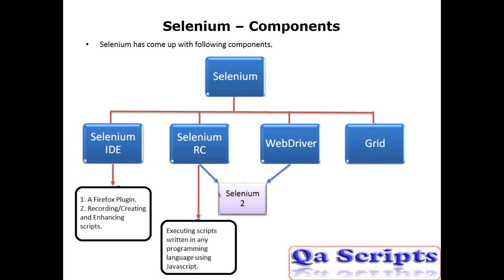We can use our own languages such as Java or Ruby or Python for automation scripting, and it allows us to do modifications in scripting, like putting in loop controls and string manipulation classes, and various object oriented programming concepts can be incorporated in case of RC, and we can execute the script on multiple browsers.